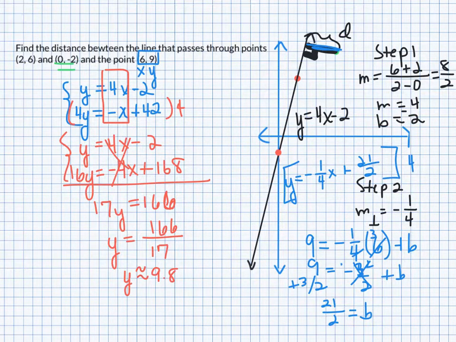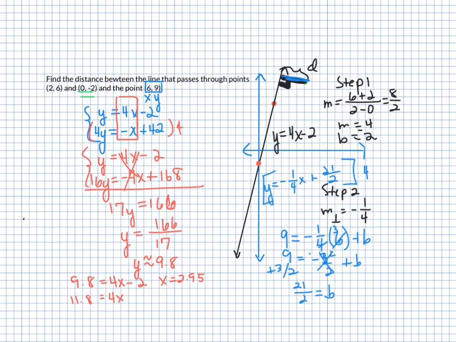So now I need to find x. So 9.8 is equal to 4x - 2. So I add 2, I get 11.8 equals 4x. And I divide by 4, and I get that x is equal to 2.95, which again we're going to approximate to 3.